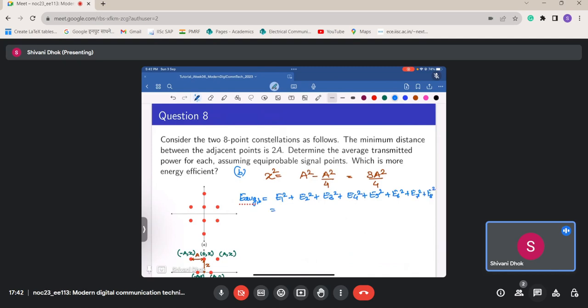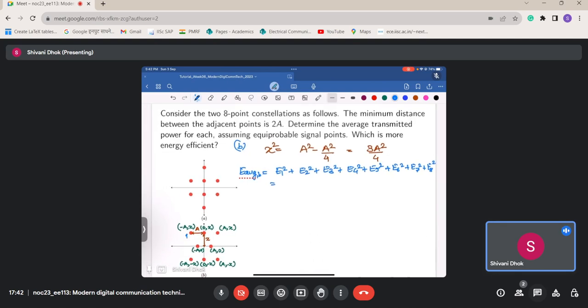We are finding for b. Let me number them as 1, 2, 3, 4, 5, 6, 7, 8.